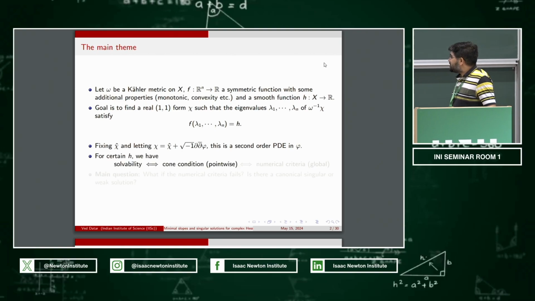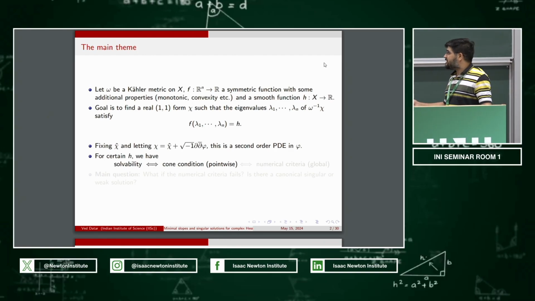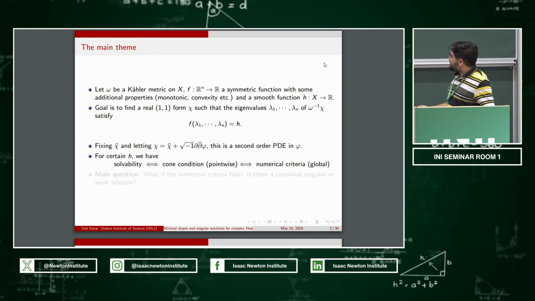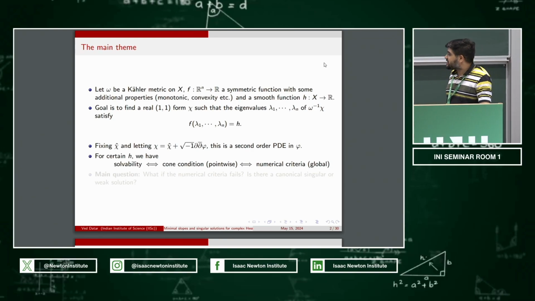The general fact in this theory is that solvability of these equations usually corresponds to some pointwise condition, which is known as the cone condition. By integrating the cone condition, one ends up getting some numerical conditions, which in principle are easier to check because they're topological in nature.